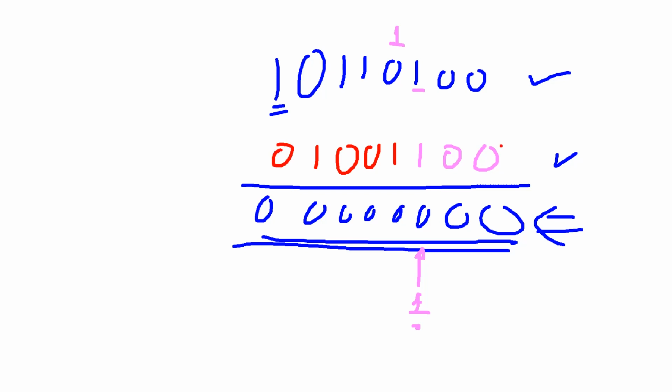Namely, you can observe, if you start to consider from the LSB, if the bit is 0, its complement is 0. This bit is 0, its complement is 0. The first digit that is 1, the complement of this digit is still 1.